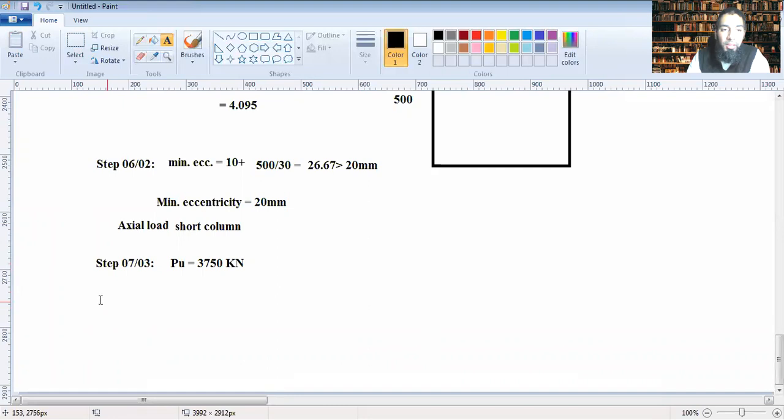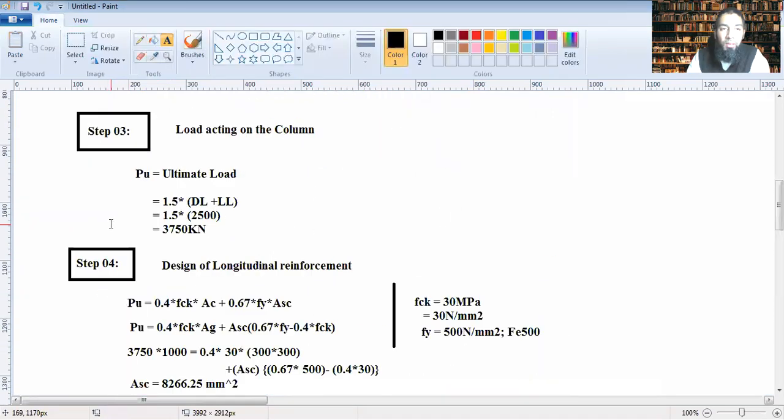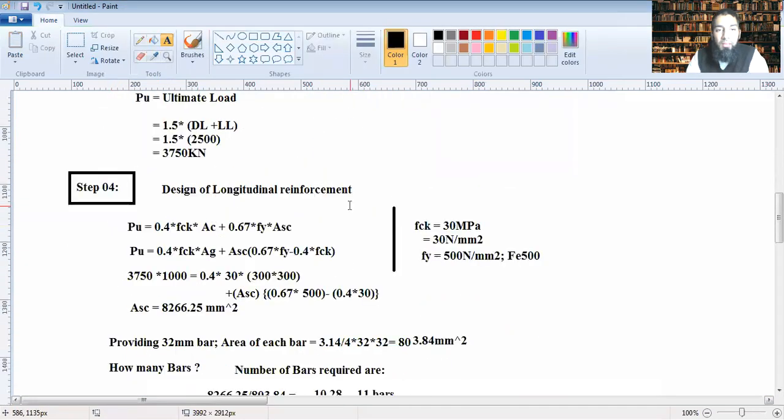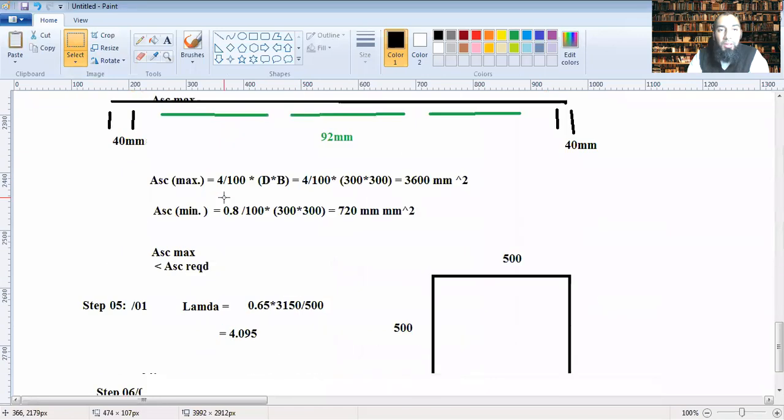Then step number 8, or 4, is the design of longitudinal reinforcement using the same formula. So I'm picking up this formula from here. What will change?